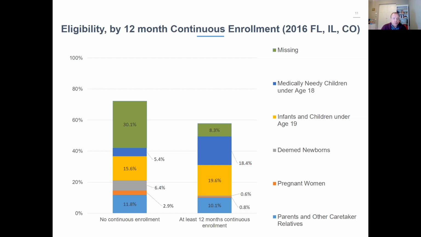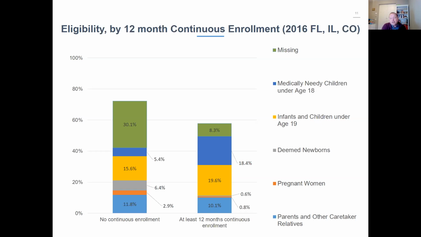But we also see that the proportion, for instance, of infants and children under age 19, and we're not talking about those medically needy, gets larger. The medically needy children under age 18 also gets larger. And then we do lose some categories. Some of the other categories that we excluded here also shrank to make up for some of that difference.